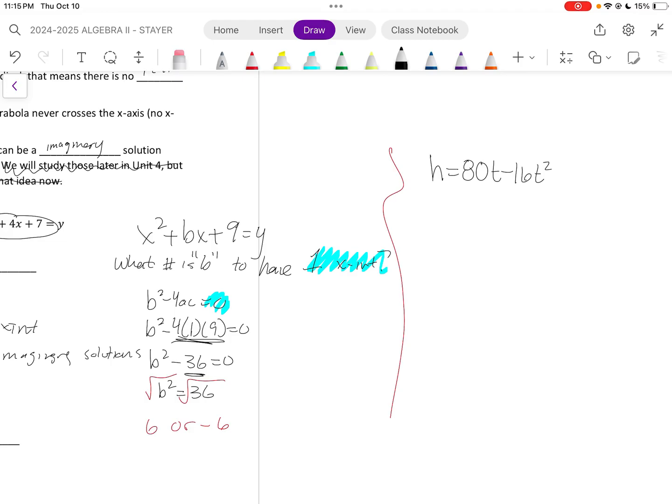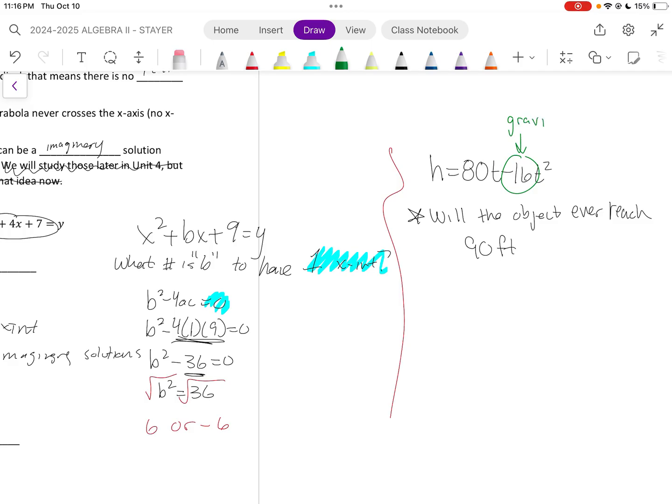Now, this equation is already given to us, right? And so the question is, will the object ever reach 90 feet? It's basically just a yes or a no, right? And so we could use this equation. This number deals with gravity right here.